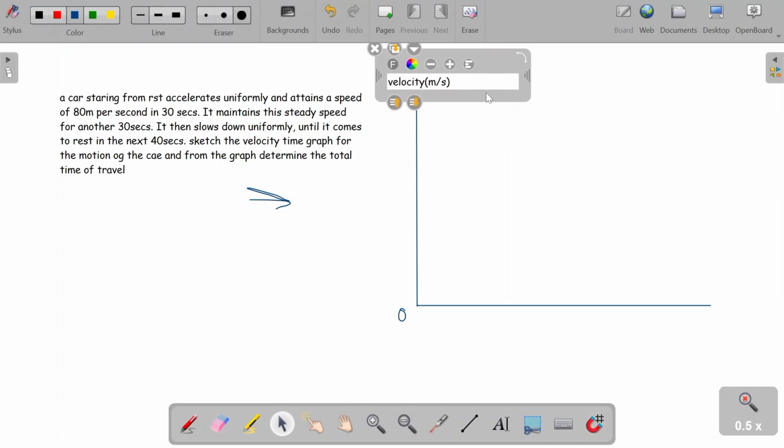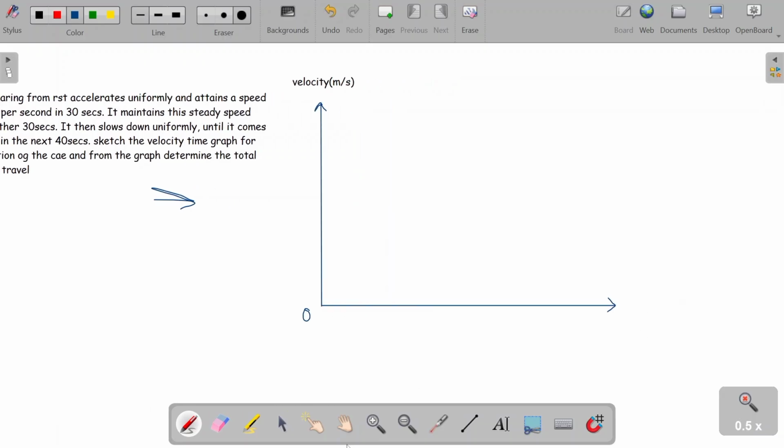Let's just draw it closer here. And you must include the arrow pointing upwards. Then we have an arrow here, like that. Now let's also write the text down here for time, that is in seconds, like that.